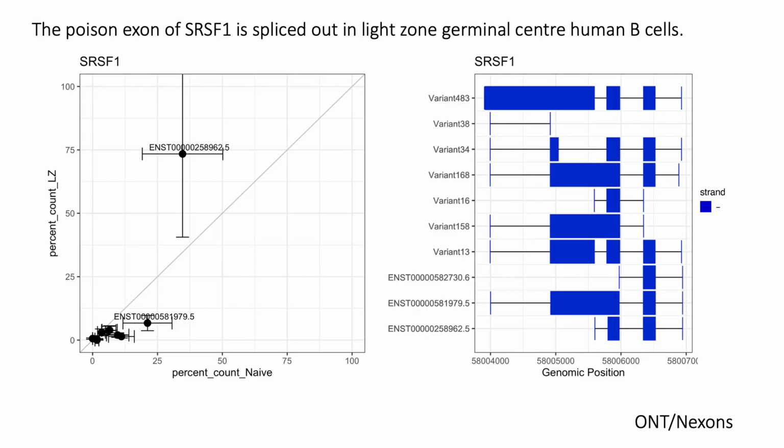Another example for that was the SRSF1 gene, which is particularly interesting since it's another directly regulated MYC target gene. SRSF1 showed a higher protein coding isoform expression in the light zone germinal center B cells, while the nonsense-mediated decay transcript was more expressed in the naive B cells.